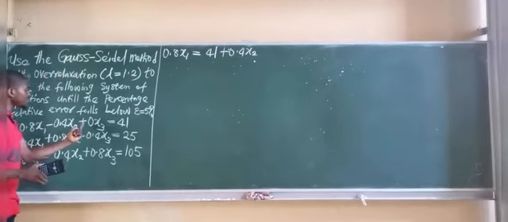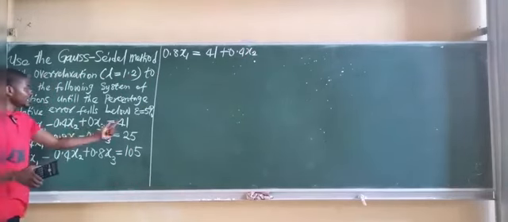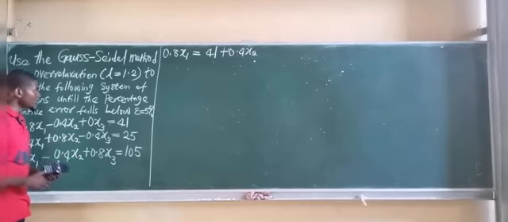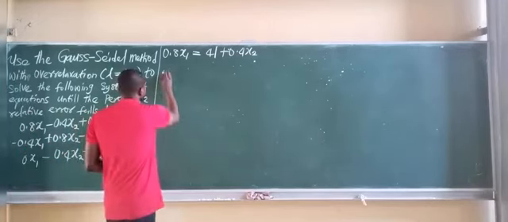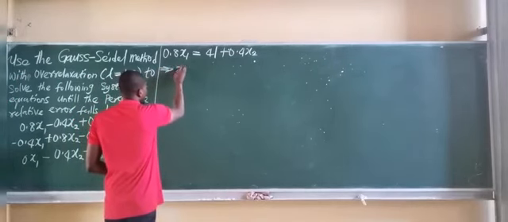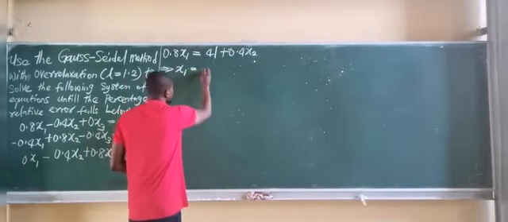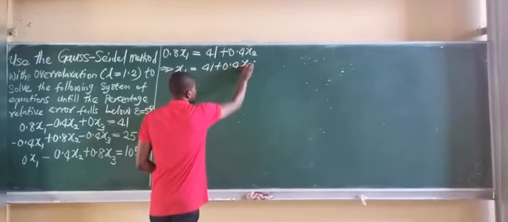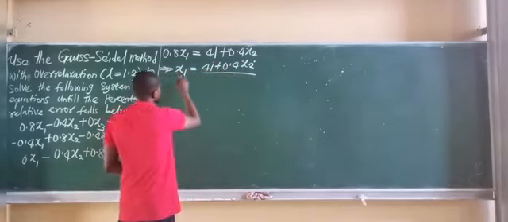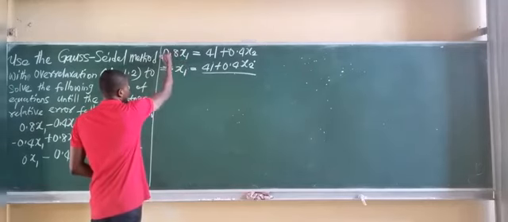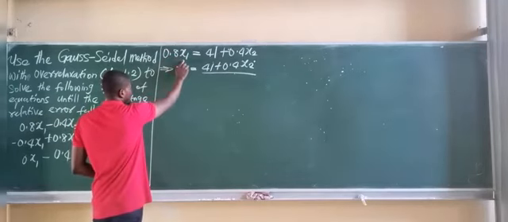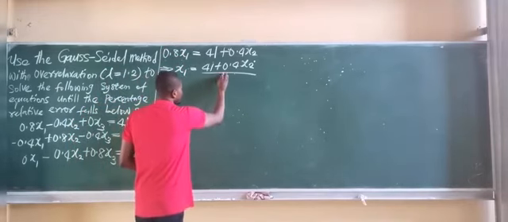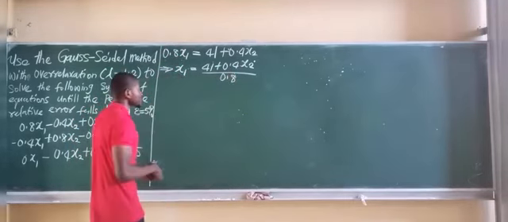Similarly, if I send 0x3 over here, 0 is 0, there is no need for it, so you can simply keep it as 0. So this simply means that our x1 is now equal to 41 plus 0.4x2 all over. In order to make x1 the subject, you divide through by 0.8, which is the coefficient of x1, so that x1 will be left alone. So we simply have this all over 0.8.